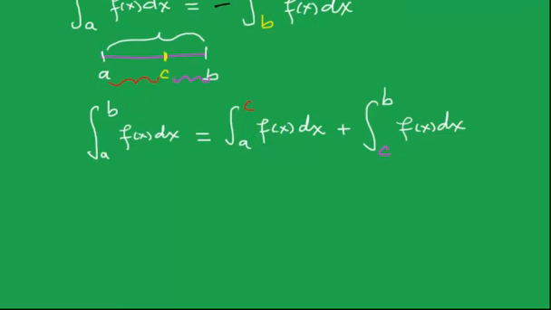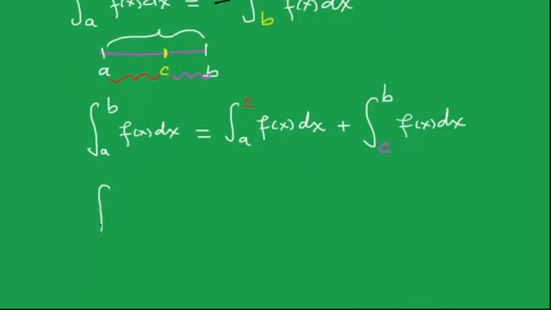Another one that I can add, which is kind of obvious, is the integral from a to a. When you have the same number of f of x of any function, then you should get 0. The integral from a to a is equal to 0.